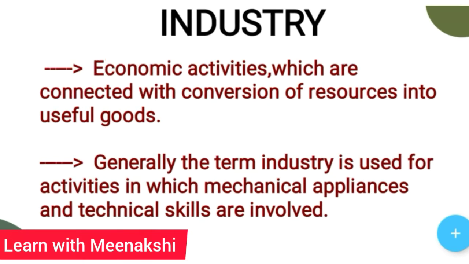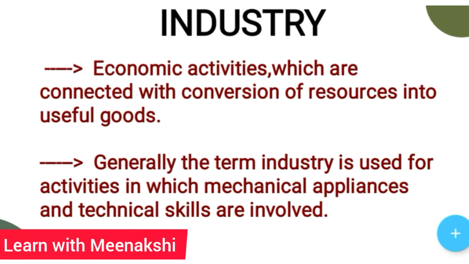So what do industry and industry activities relate to? It is connected with conversion of resources into useful goods. You are converting the basic raw material into useful goods for consumption by the consumers. So this is the meaning of industry.